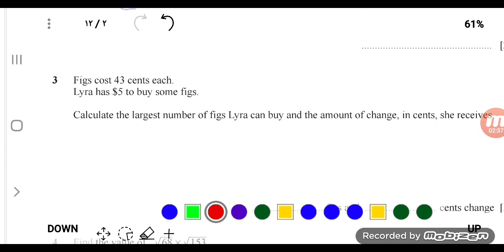Here you have figs that cost 43 cents each. Lira has $5 to buy some figs. Calculate the largest number of figs Lira can buy and the amount of change in cents she receives.